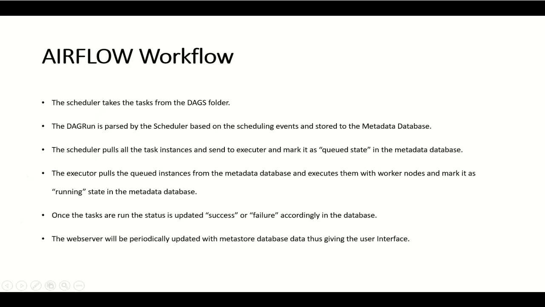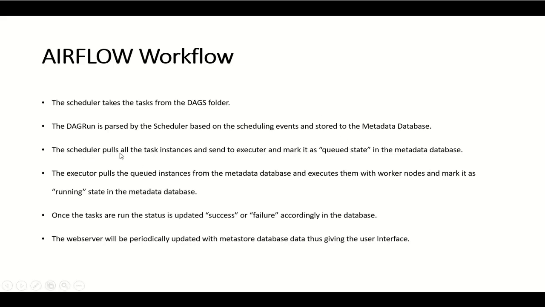So how does this Airflow work? We first have the scheduler, and the scheduler will take all the DAGs, all the tasks from the DAG folder. We will have a DAG folder which has all the DAGs, and the scheduler will take the DAGs from there based on scheduling events, like whether it should run now or later, and based on these scheduling events it will be stored in the metadata database.